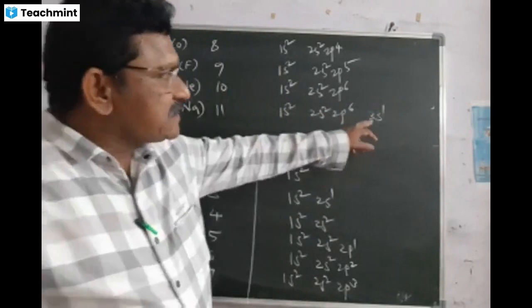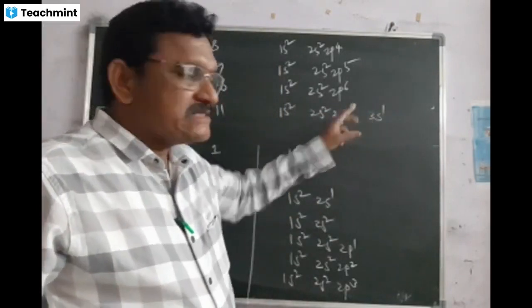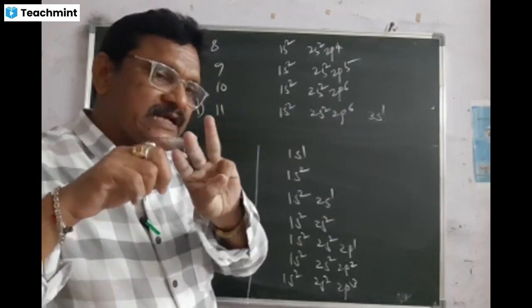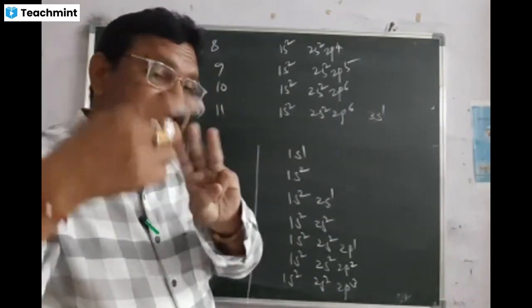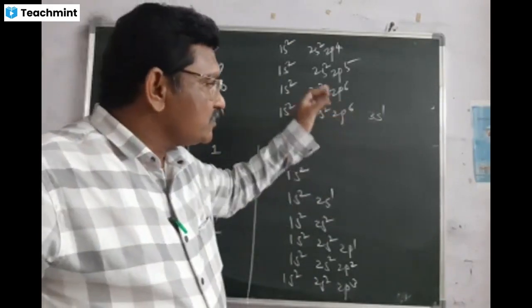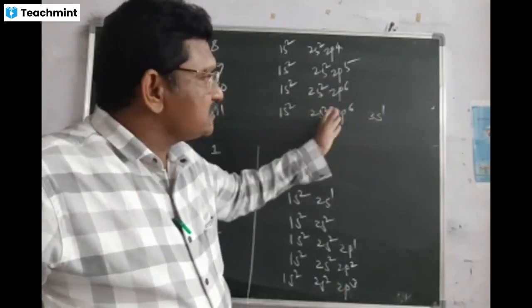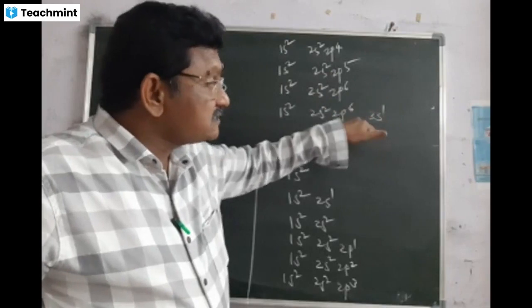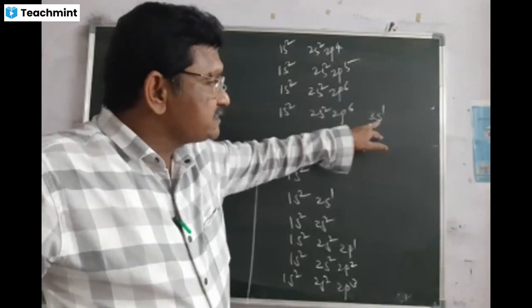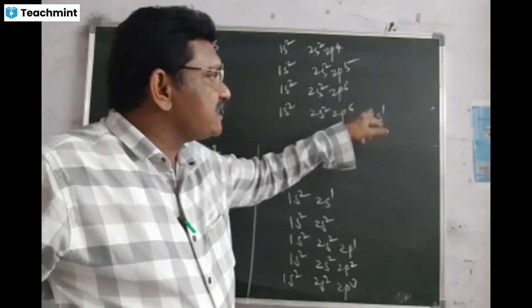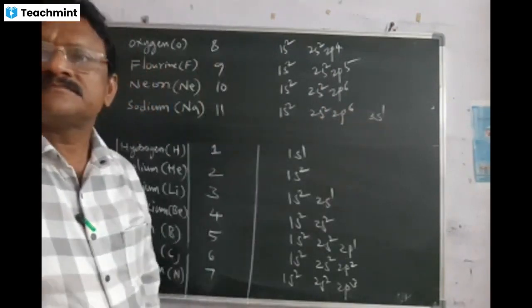Why is 3s1 coming? 2p6 means the p subshell contains 3 orbitals, and each orbital accommodates 2 electrons, so 6 is completed. Whenever the p subshell is completed, the electron goes into the 3s orbital, which has more energy. That's why the electron goes into 3s.